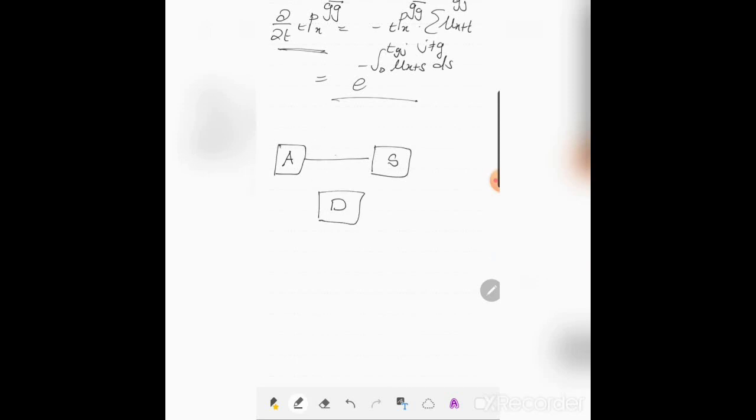So from A to S, the transition is sigma x, and from the bottom one it's rho x. Here, let's say the transition is mu x, and here the transition is nu x.